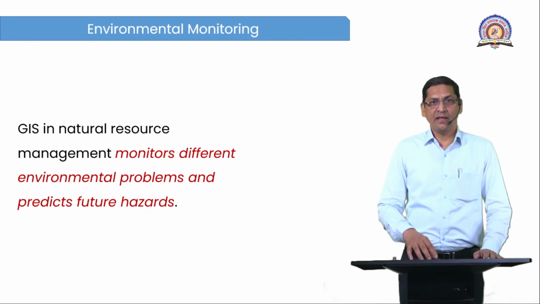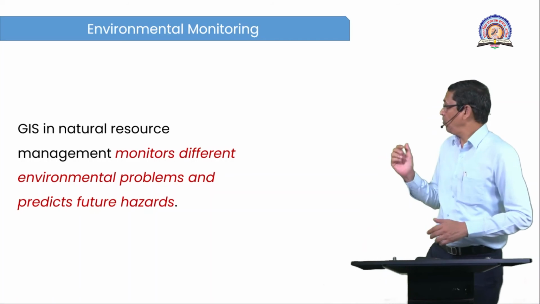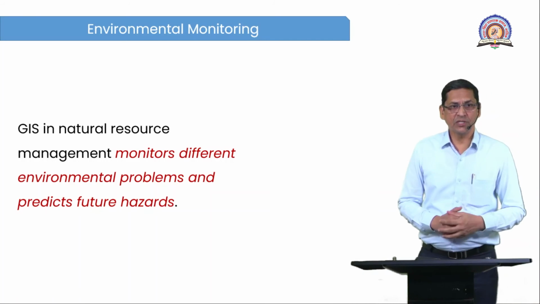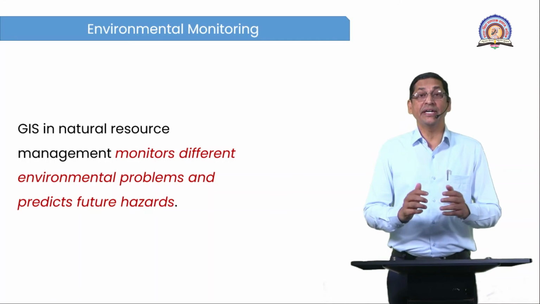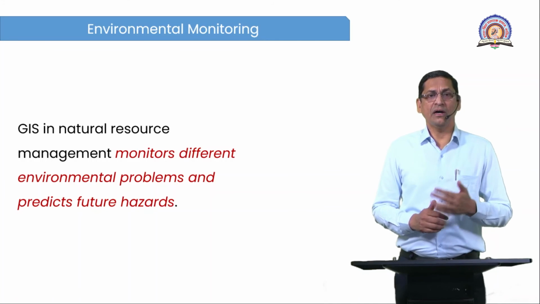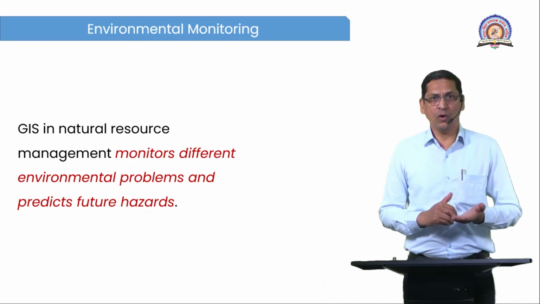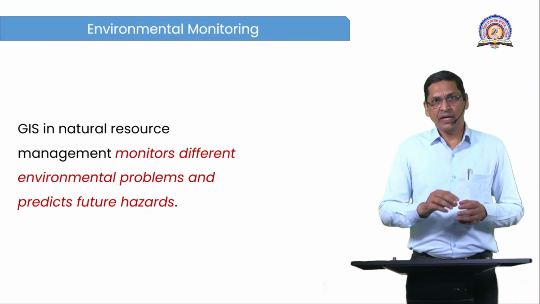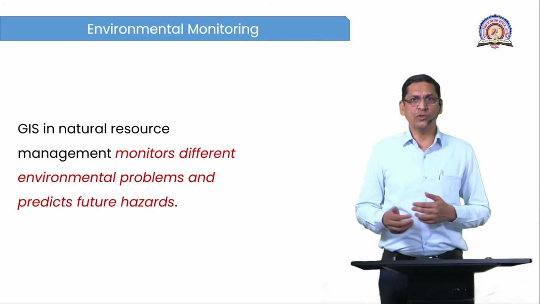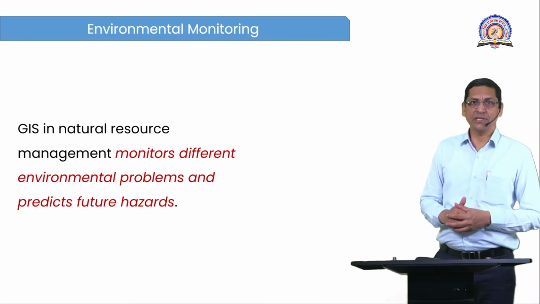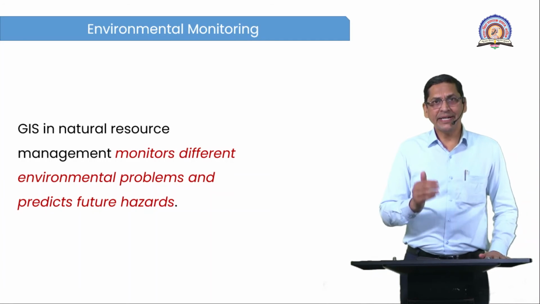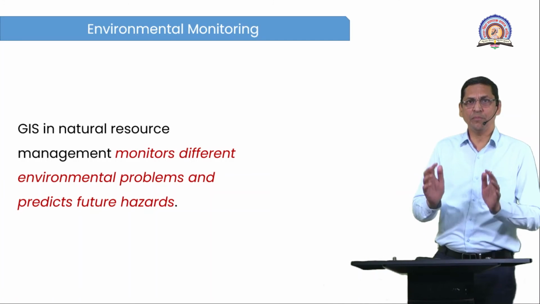Then, this point we have already discussed, that is the environmental monitoring. GIS in natural resource management monitors different environmental problems and predicts their future hazards or effects also. In different types of natural disasters such as flood, droughts, cyclones, tsunamis, or forest fires, GIS is very useful, and GIS also predicts the future conditions of that place.